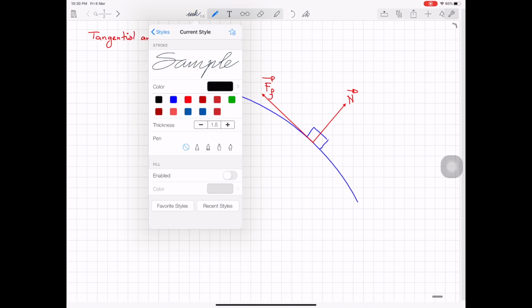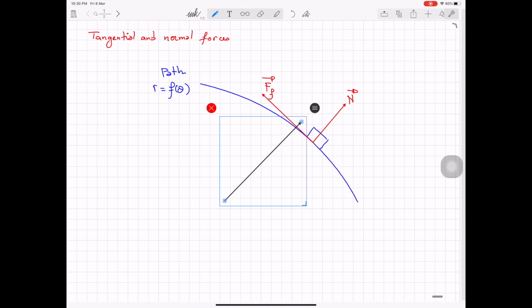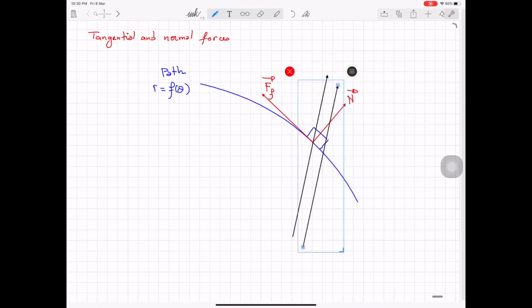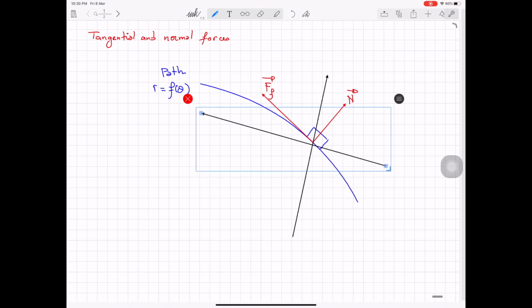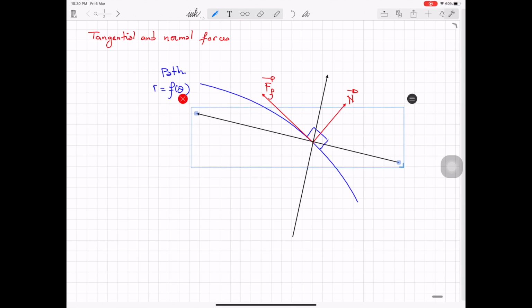So let's represent now the radial axis. Assume this is your radial axis, and perpendicular to the radial axis is the transverse axis. We are assuming that this is our origin.